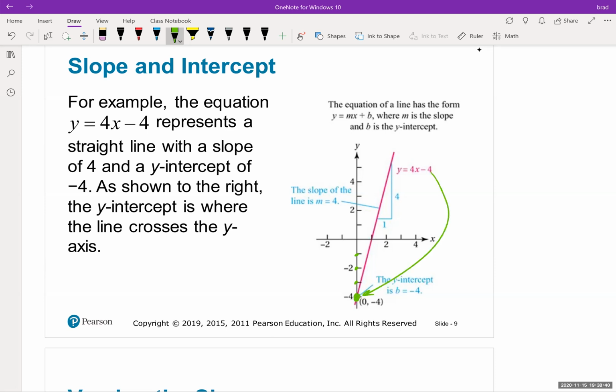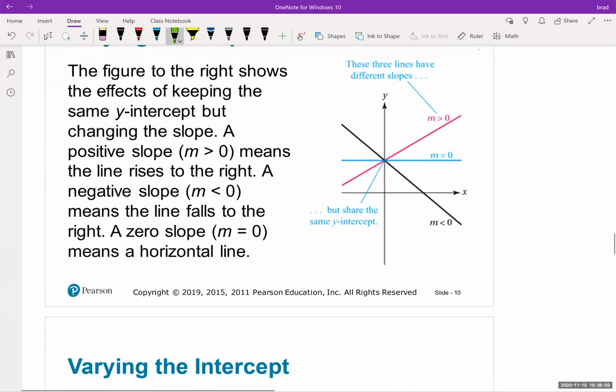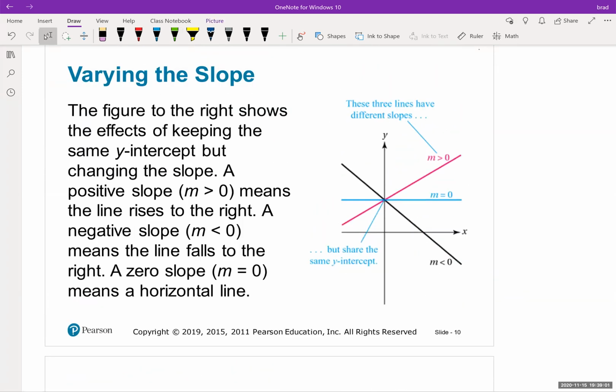Then I would go up 4, because this is really 4/1. I would rise 1, 2, 3, 4, and run 1. Then I connect the dots, and I have the same line as them. Pretty nice, clean, easy way to draw a line. The figure to the right shows the effects of keeping the same y-intercept but changing the slope.